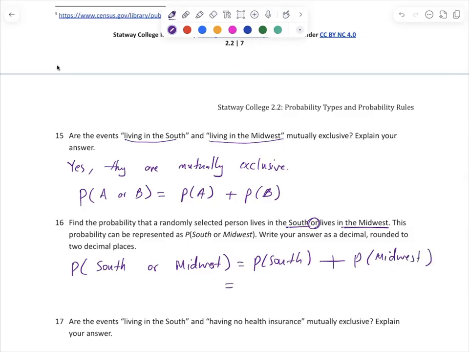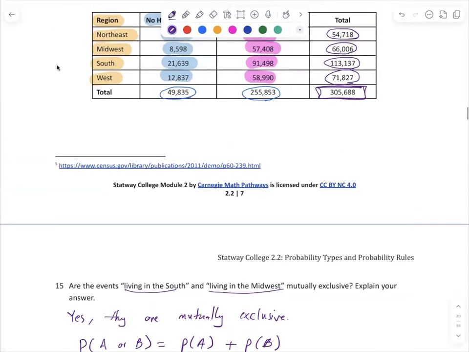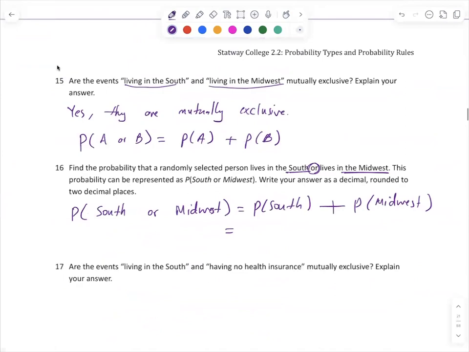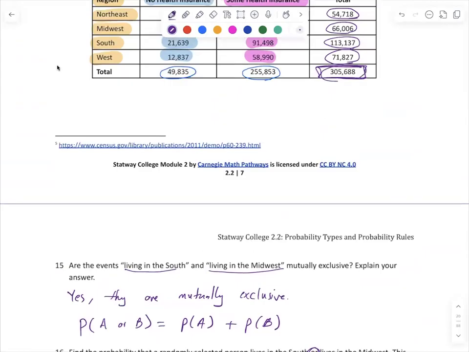Take a look at this. What is the probability of South? How many people live in the South? You have 113,137 divided by the total number of people in your collection, which is 305,688.